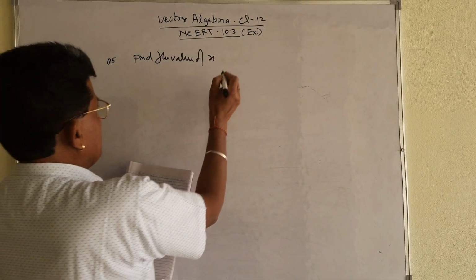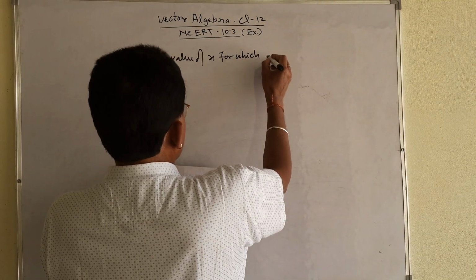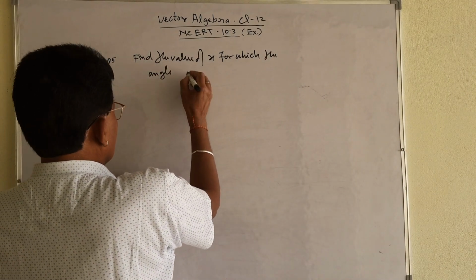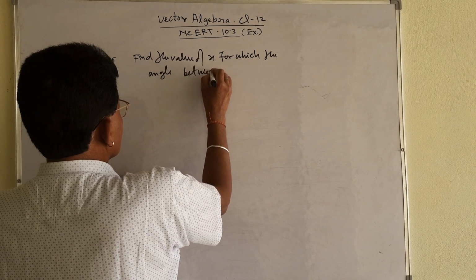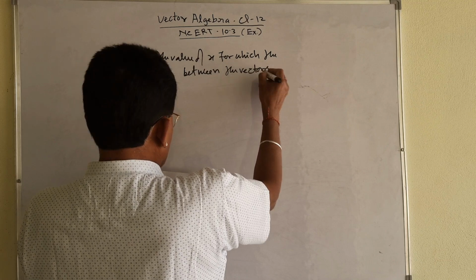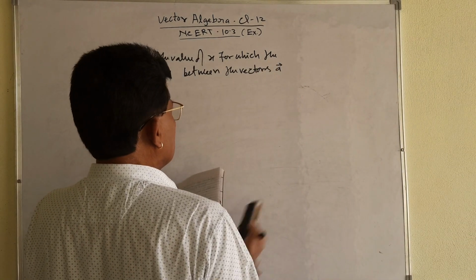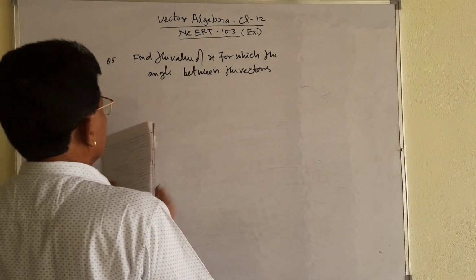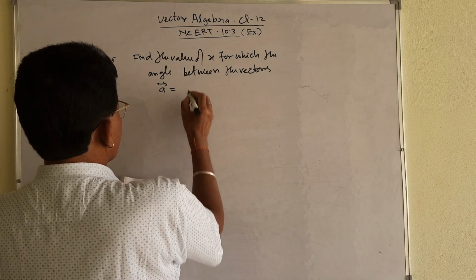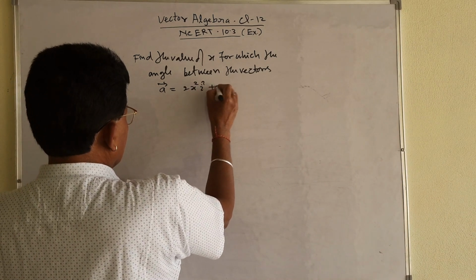The value of x you will have to find out for which the angle between the vectors, vector A, let me write it here, vector A that is 2x square i plus 4x, is obtuse. Most important question I have collected.